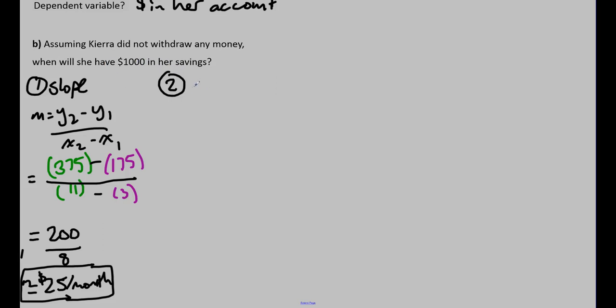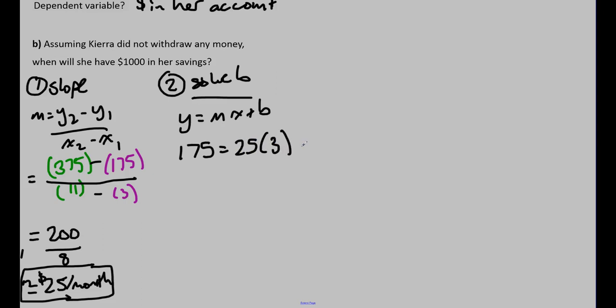So I'm going to sub it in and solve for b. So y equals mx plus b. I'm going to use the 3 and 175 because they're smaller numbers. So 175 equals 25 times 3 plus b. And I do the math. 25 times 3 is 75 plus b.